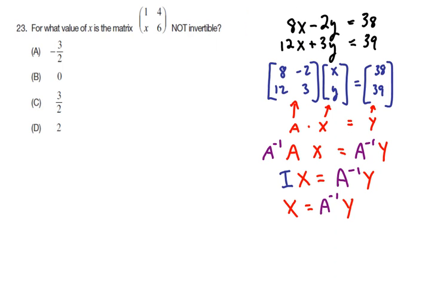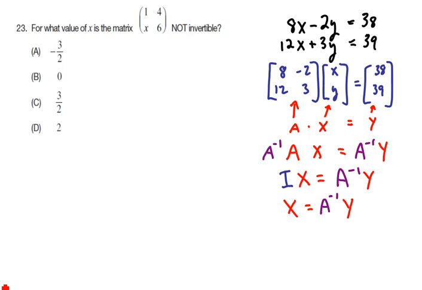Now, fortunately, for a 2 by 2 matrix, we can tell if a matrix is invertible. It will not be invertible if its determinant is equal to 0. And the determinant is found differently for different types of matrices, but for a 2 by 2 matrix it is found by taking the difference of the products of the diagonals.